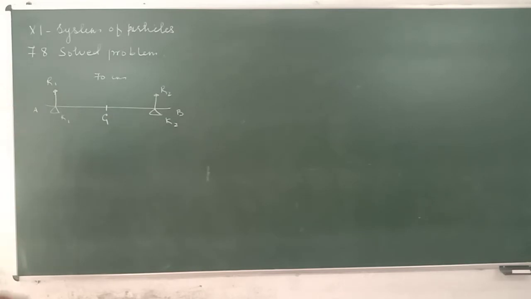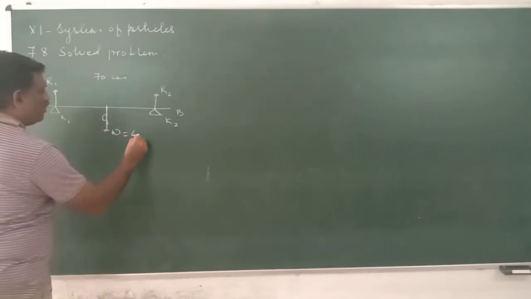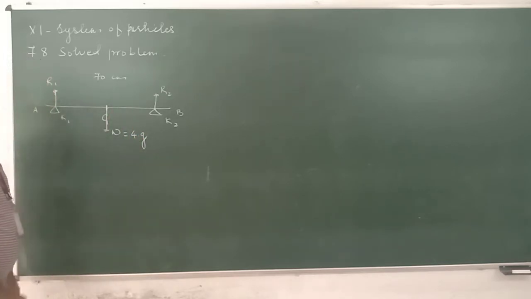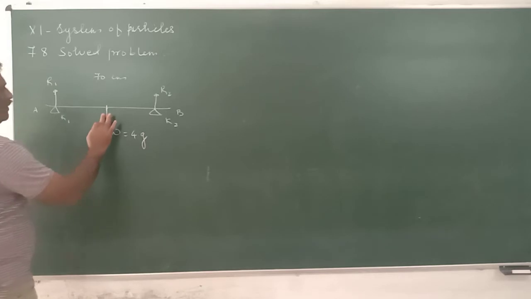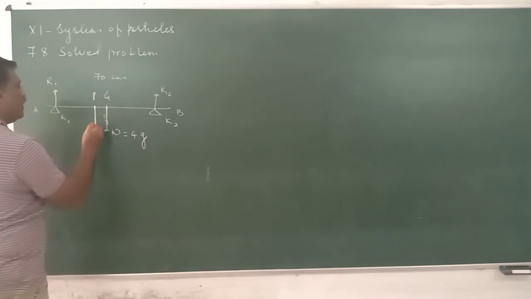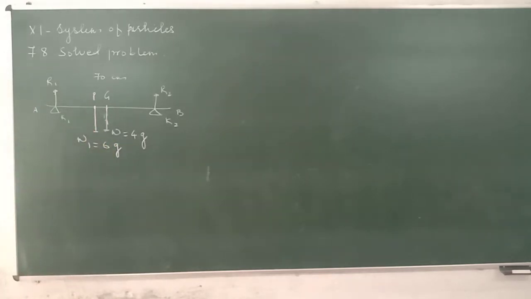This is G, the center of gravity, where the weight W is equal to 4 into g. There is another point P, where W1 is equal to 6g, since a 6 kg load is there.